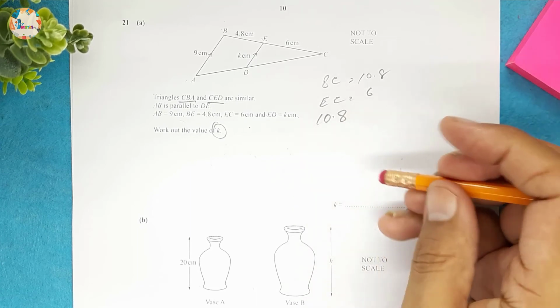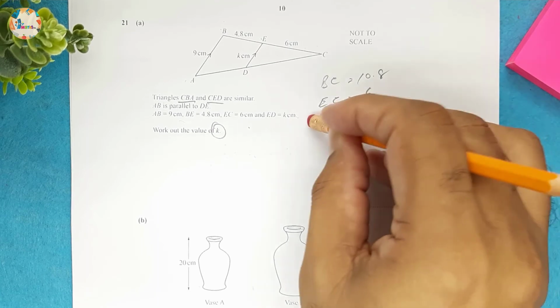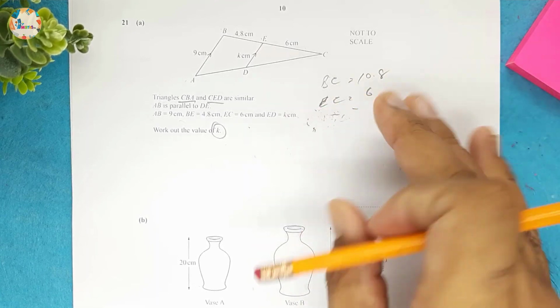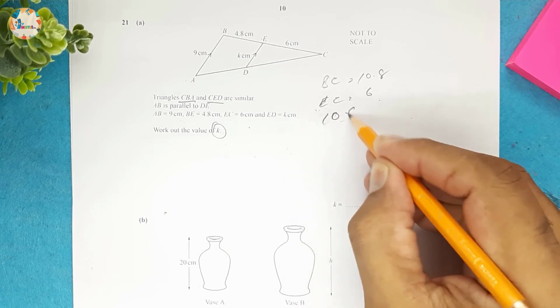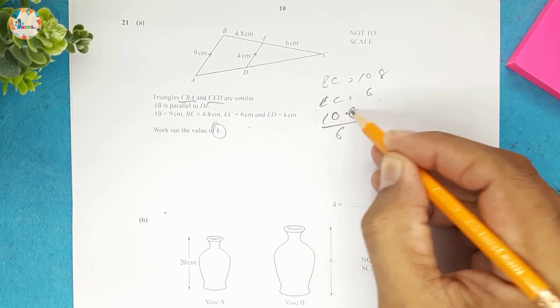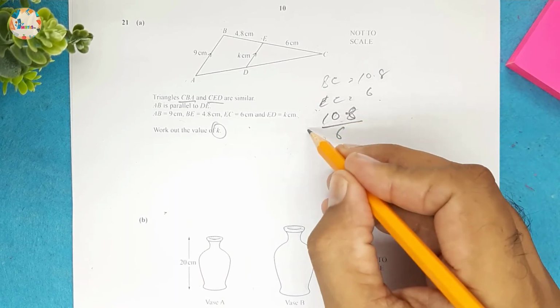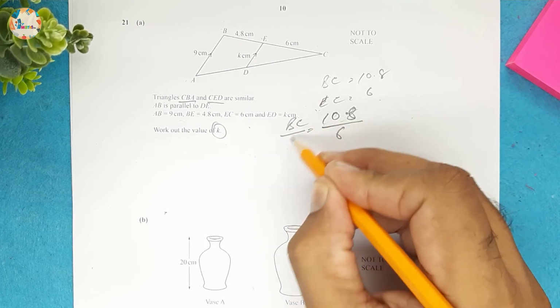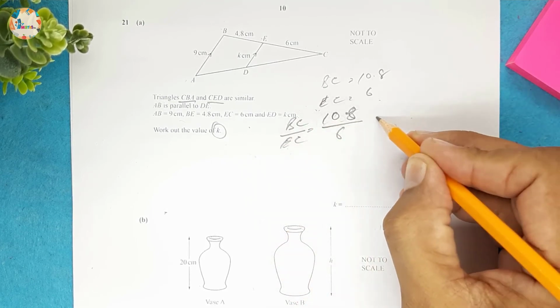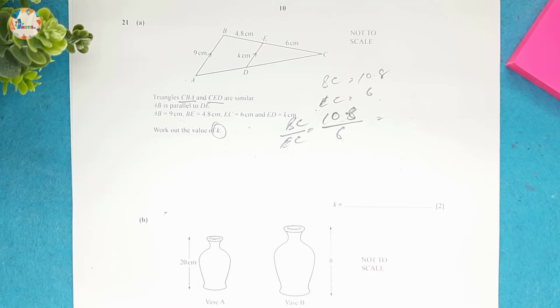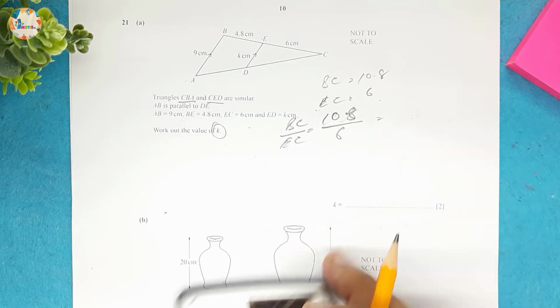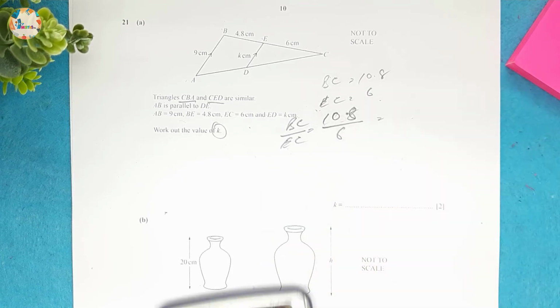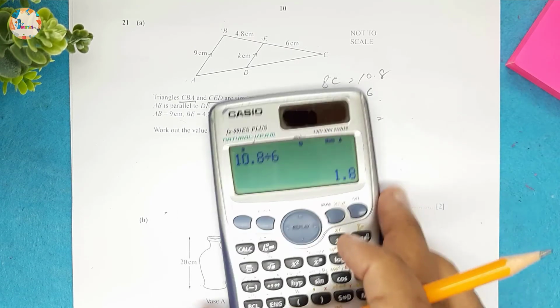We'll be checking for bigger to smaller ratio, so we will write this one. Okay, so 10.8 divided by 6, this will be BC over EC ratio, and this will be equal to 9 by 5, or we can take the decimal value which is 1.8.